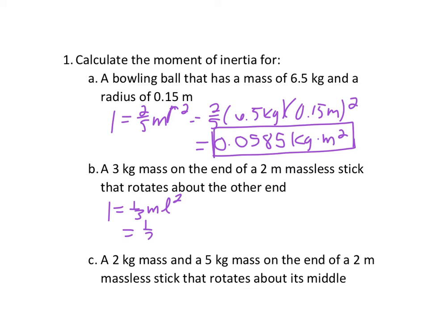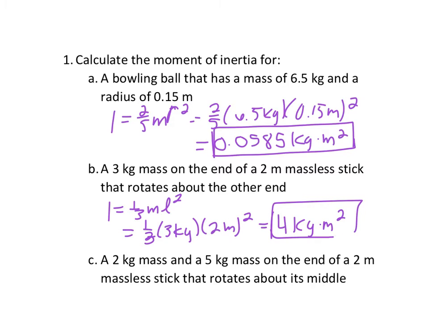So this equals 1/3 times 3 kilograms times 2 meters squared, which equals, well, 1/3 of 3 is 1, so 2 squared is 4 kilograms meters squared. I'm not going to go through all of these because they are fairly straightforward.